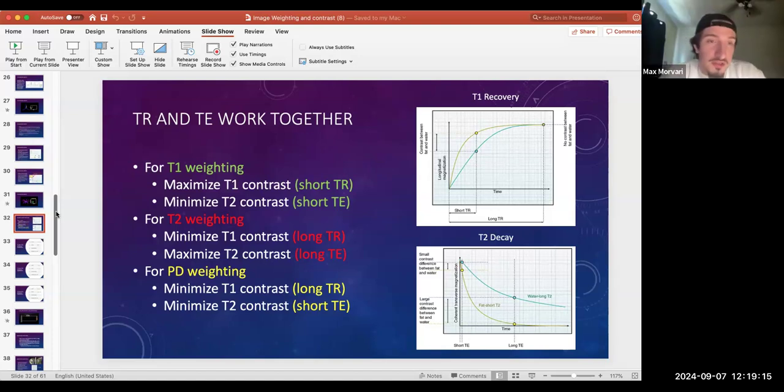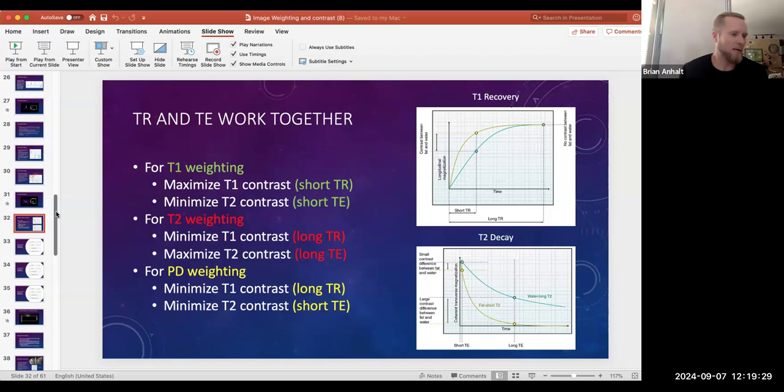Because it has a quick recovery time. I mean, wait, no. The question is, why does water look bright on a T2 weighted image?